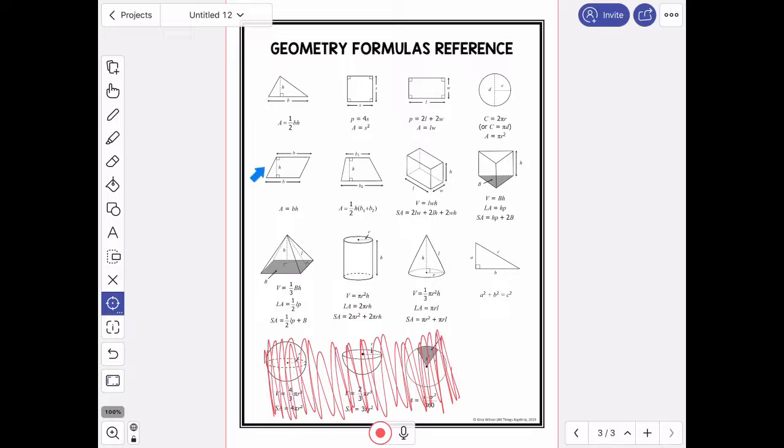These are really good diagrams showing you where each variable is coming from in the formula, as well as giving you all the formulas right underneath the actual object or 3D figure. So definitely do not try to have this memorized. I do not expect that of you, and it's not needed, okay?